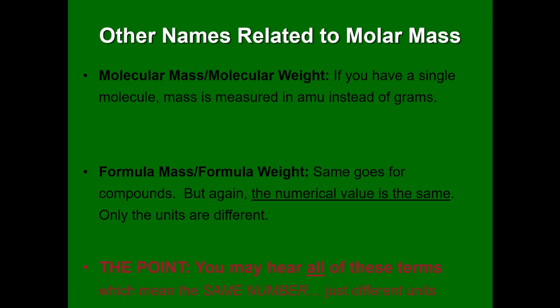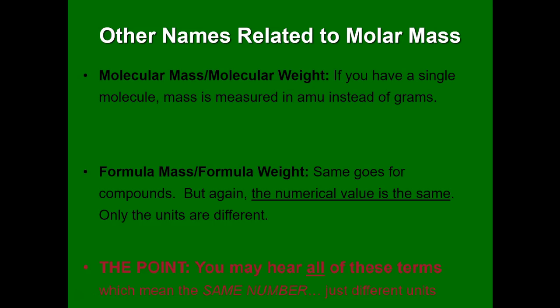So you'll hear some other names, and sometimes you'll hear these words come out of my mouth, and sometimes you'll see these words in your book: molecular mass or molecular weight. Because in my previous life as a research chemist, we used the terms molecular weight and molar mass interchangeably, and in fact used the term molecular weight to mean molar mass, I will sometimes use those terms interchangeably.